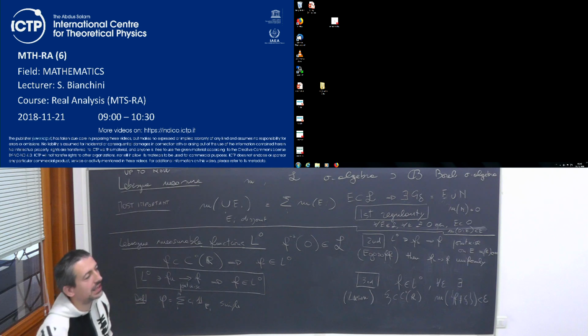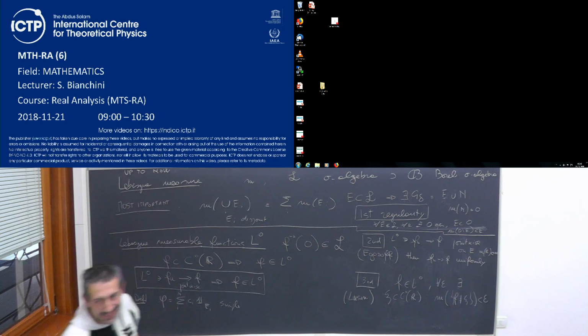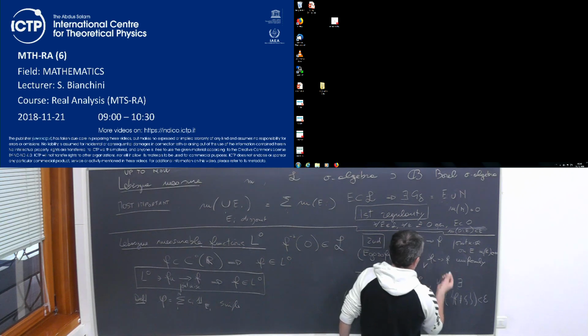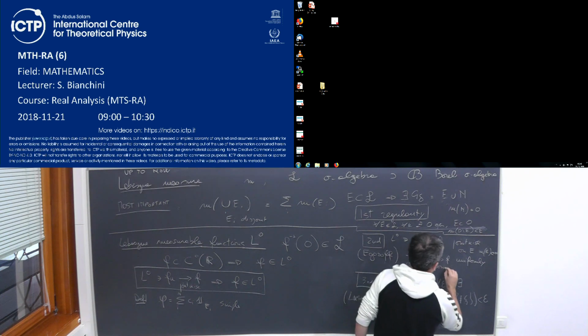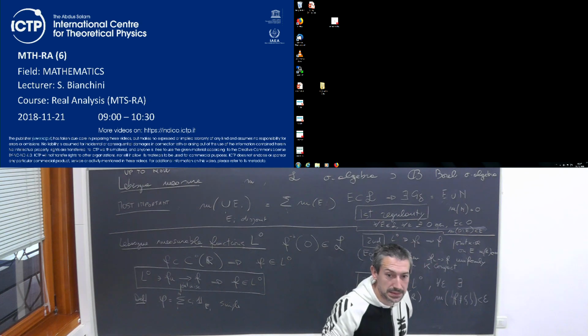But this cannot be true on the whole set; it holds on a smaller set, up to a set of small measure. Actually, here I can take a compact set K, which is better because of uniform convergence on compact sets.